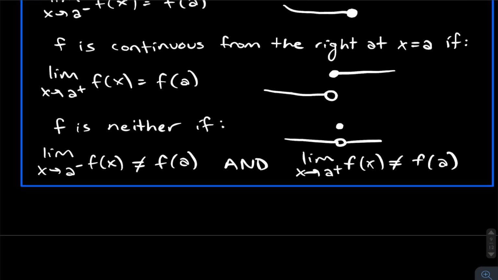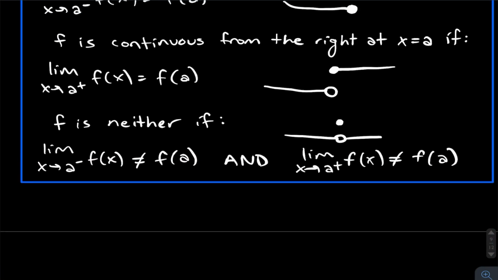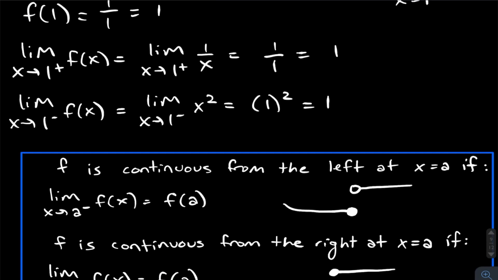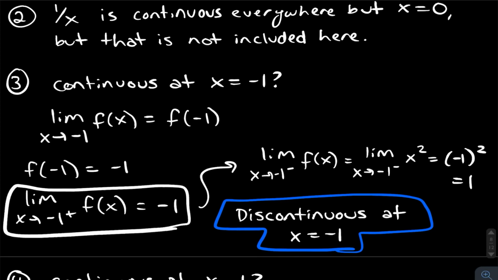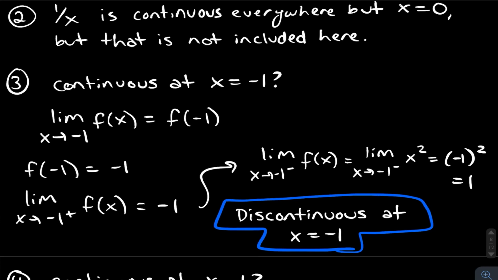Okay. Now what do we have here, though? So looking at our one discontinuity, we had that the limit from the positive side was equal to -1, and the point was equal to -1. Right? So these two things were equal.